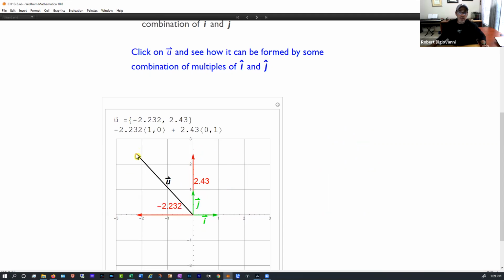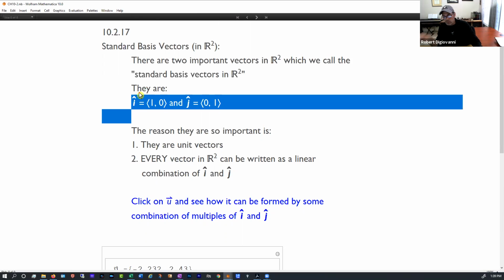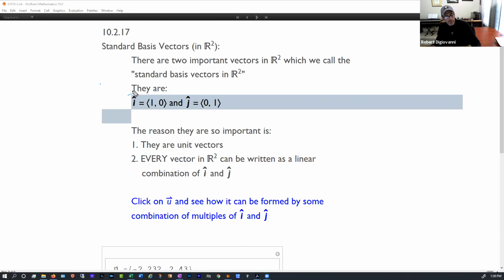So we call those the standard basis. Any of you who have to take linear algebra, you might even be taking it at the same time as this class, these two vectors create what's called an orthonormal basis. And that means that not only are these vectors, they both have a length of 1.